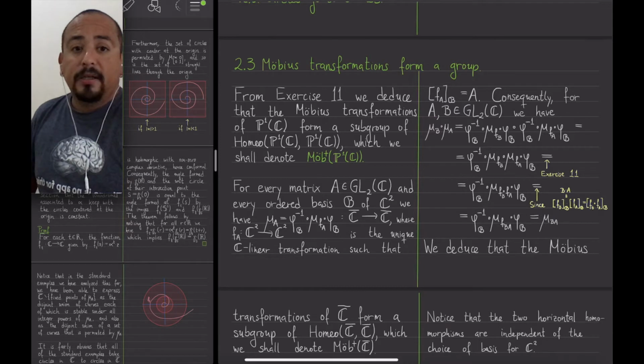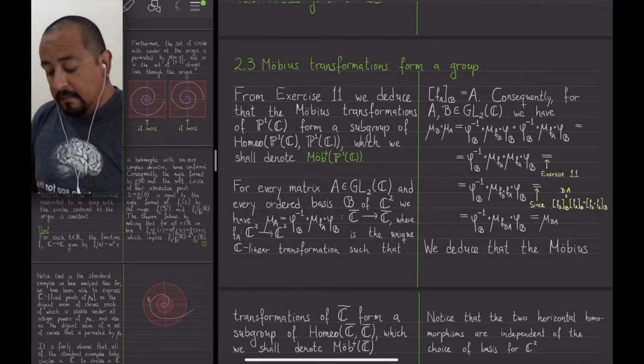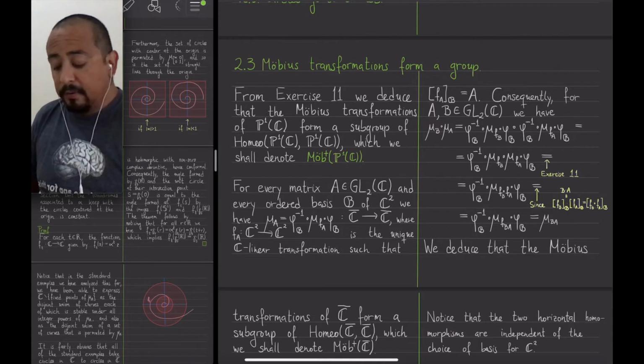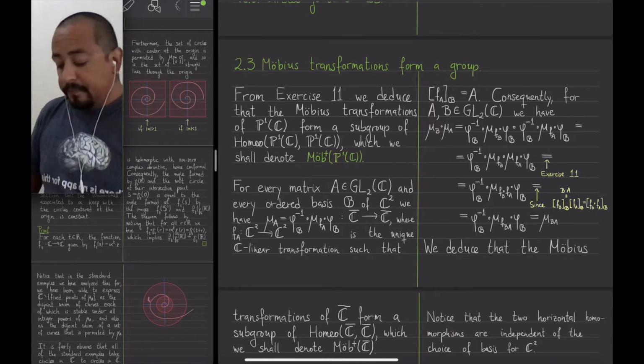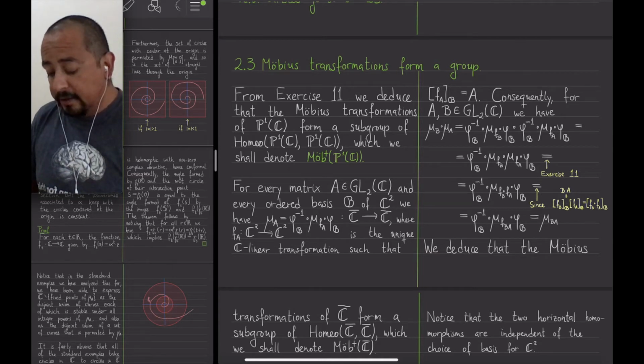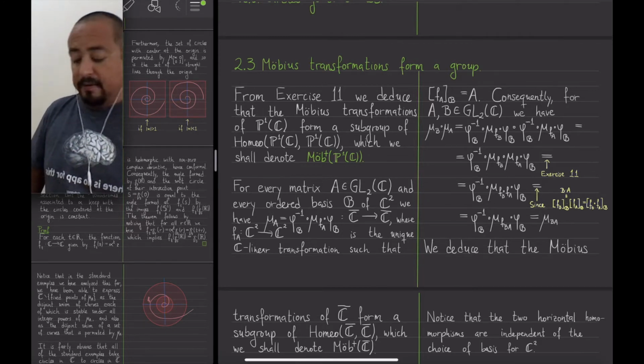Okay, and then one can immediately deduce that the set of Möbius transformations of C bar also forms a group, and that is simply because of the relation that any Möbius transformation associated to a matrix keeps with the Möbius transformations associated to linear maps.